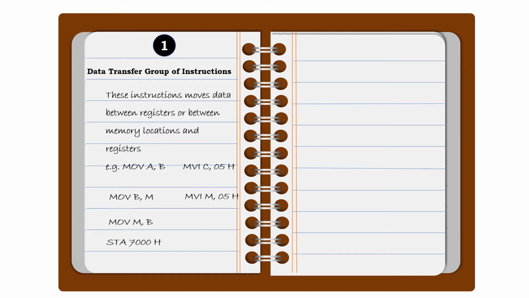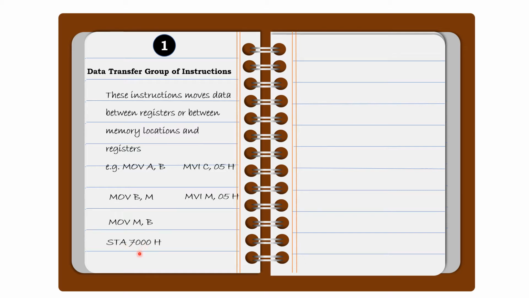STA 7000H is an instruction used especially whenever we want to save the result into a particular location. STA 7000H means store accumulator to a given memory location, here location 7000. Whatever the accumulator contains is saved into the 7000 location.